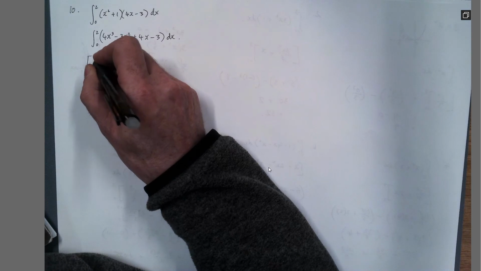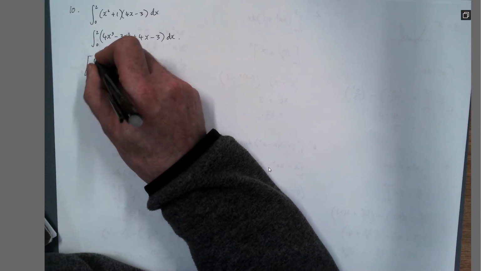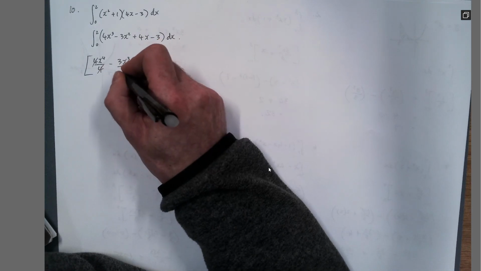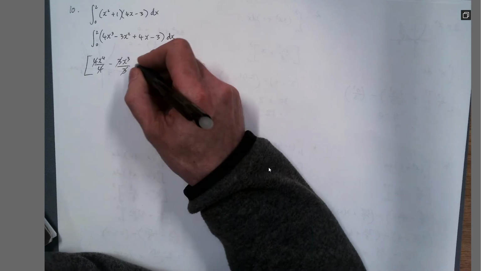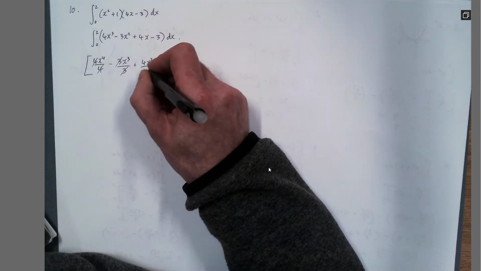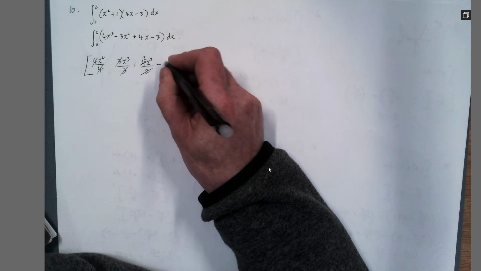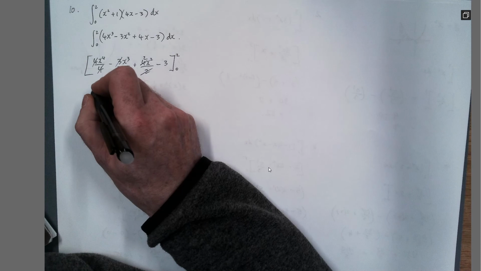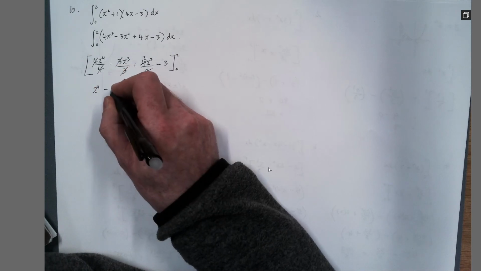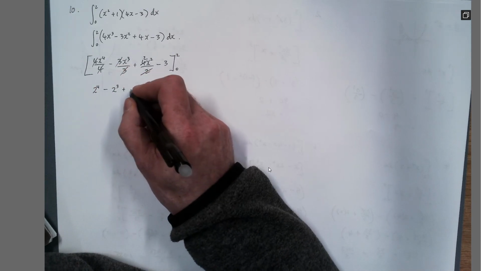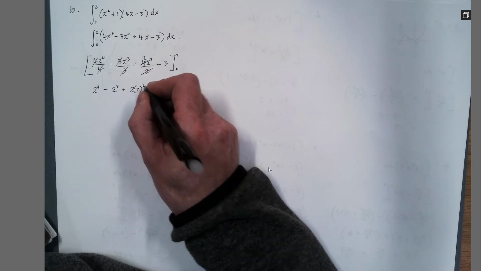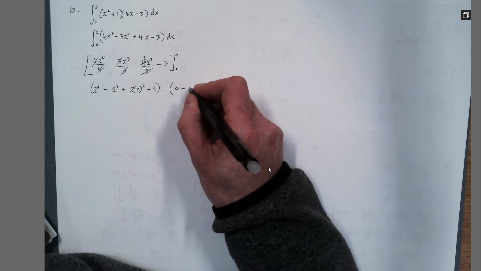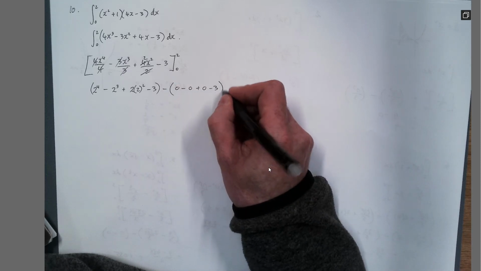So the integral of k x is k x squared, minus 3x cubed is 3, raised to 3, plus k x squared, minus 3, raised to 0 minus 0 plus 0 minus 3.